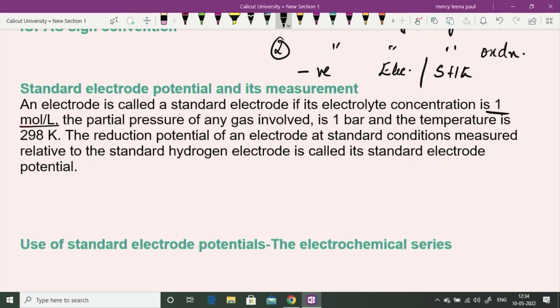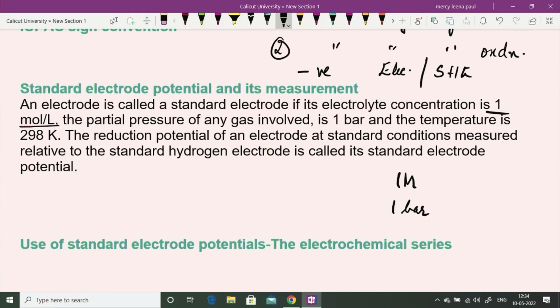If there are gases involved, they have to be at a pressure of 1 bar. And the next factor to keep in mind is that the temperature has to be 298 Kelvin. If we maintain all these, the electrode is said to be a standard electrode, and we use a notation.